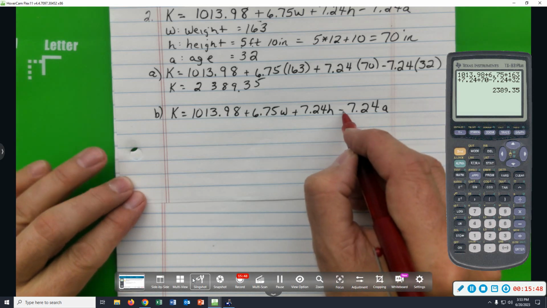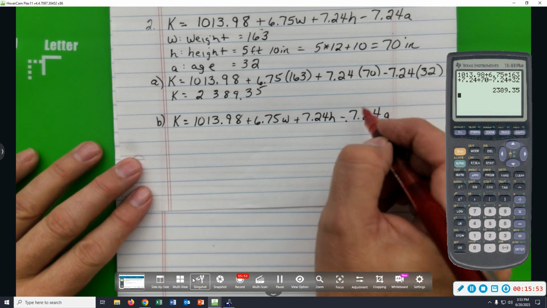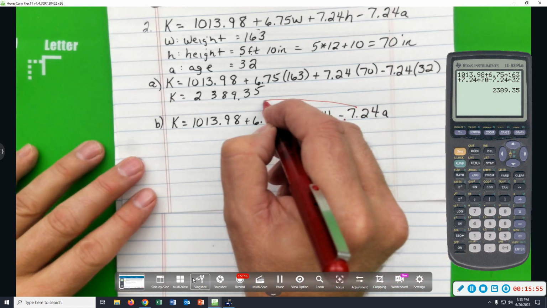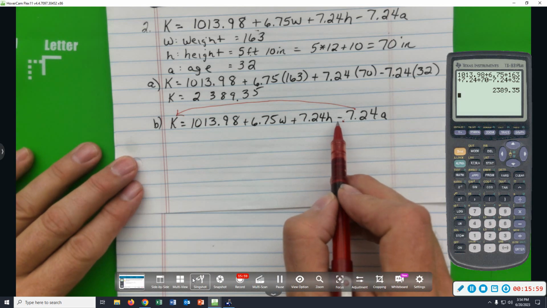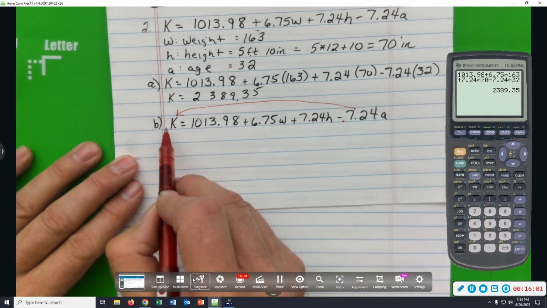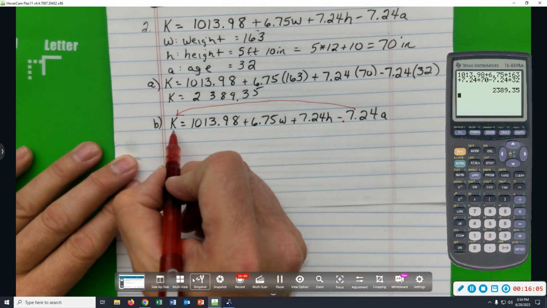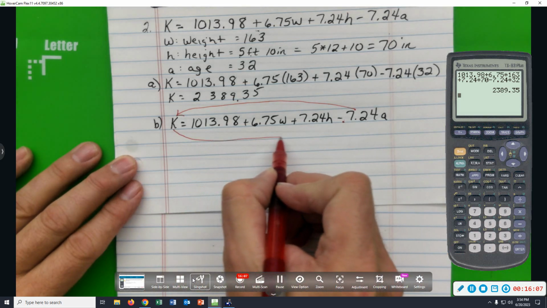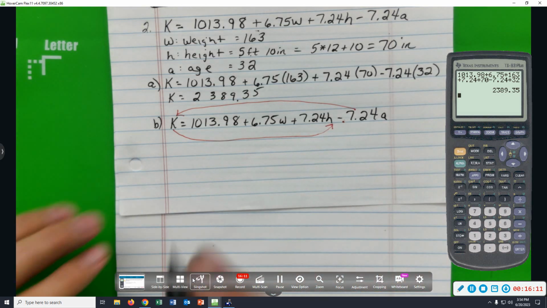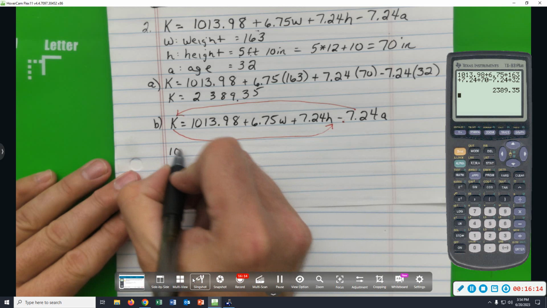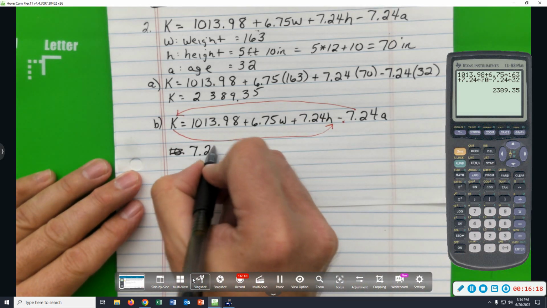Since this number here is negative, I'm going to go ahead and set it up like this. I'm going to move the negative 7.24a over to the right by adding 7.24a, in which case then I'll need to subtract the K. So we have, moving this over, 7.24a.